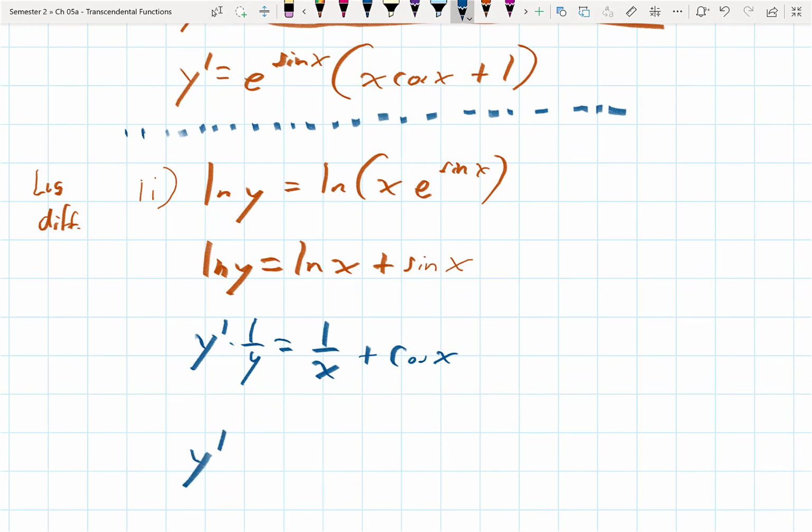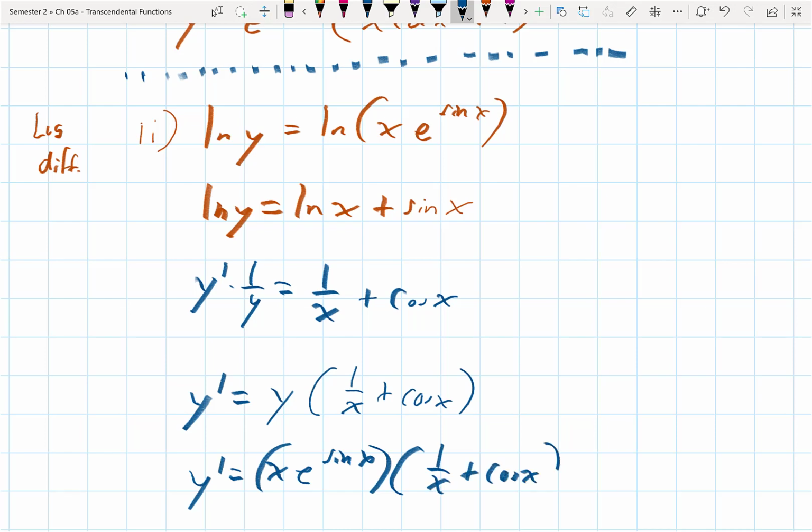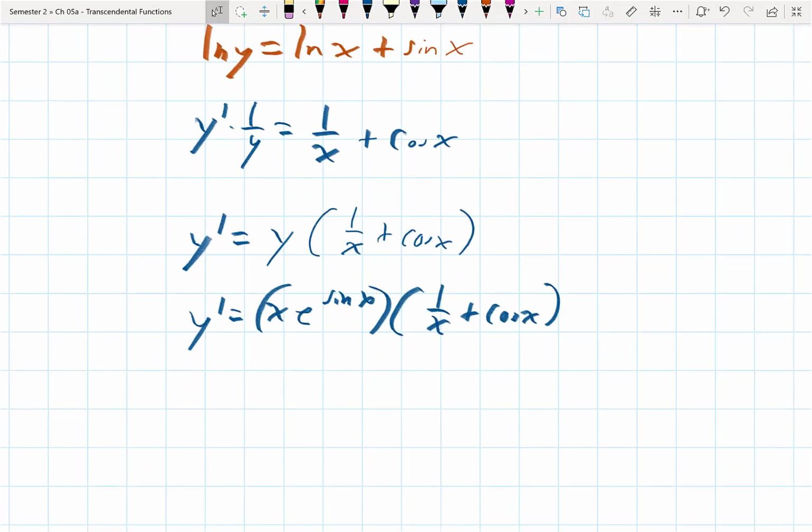Then finally, you multiply the left and the right side by y. When you multiply the right side by y, you replace what y was in the original problem. And y is x e to the sine x. And this would be fine and dandy, but I'm going to go ahead and distribute the x in so I can clear the 1 over x.